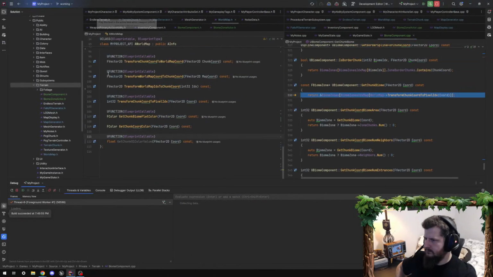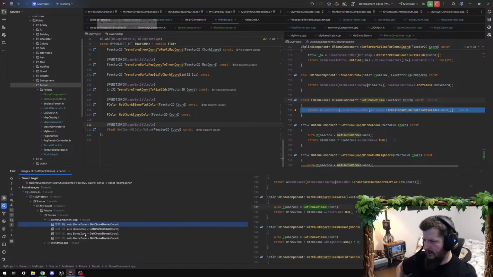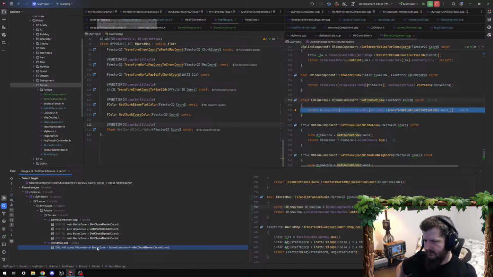Okay, that didn't get reached. So, is this happening before I generate the world map? Or am I just not generating the world map?